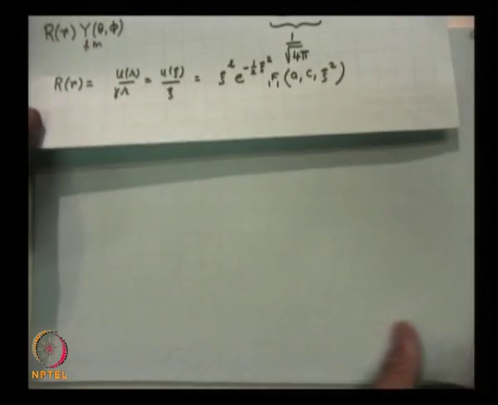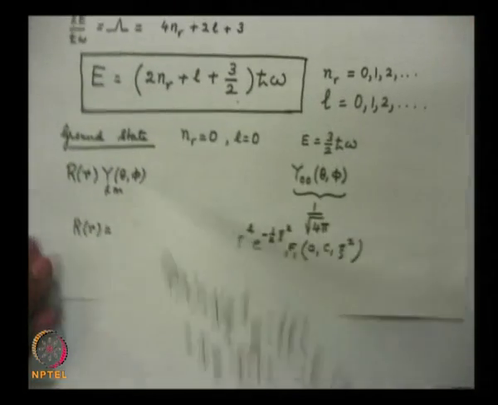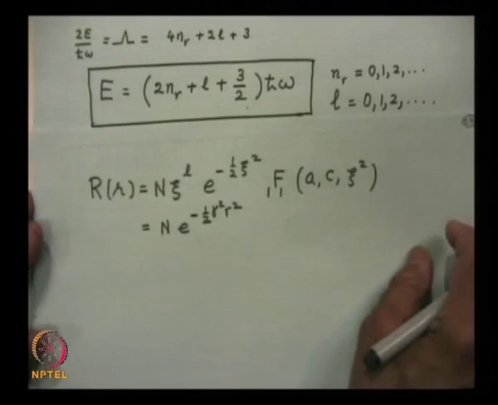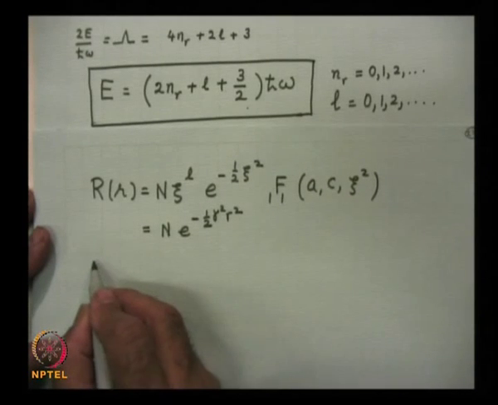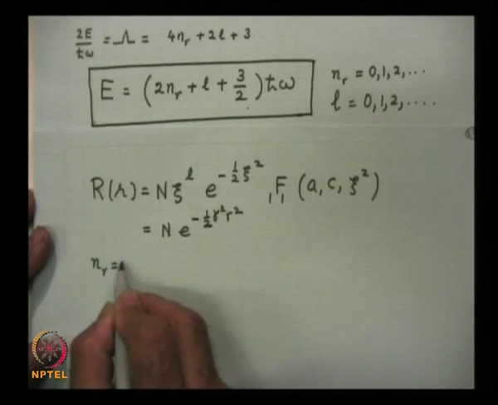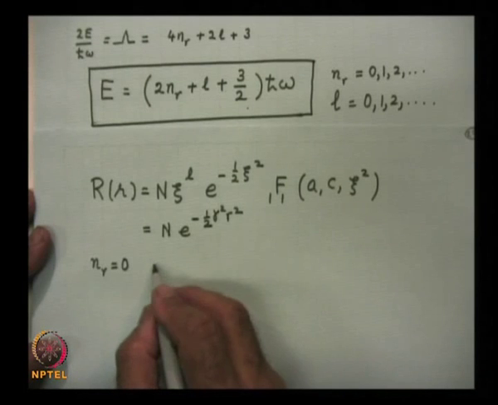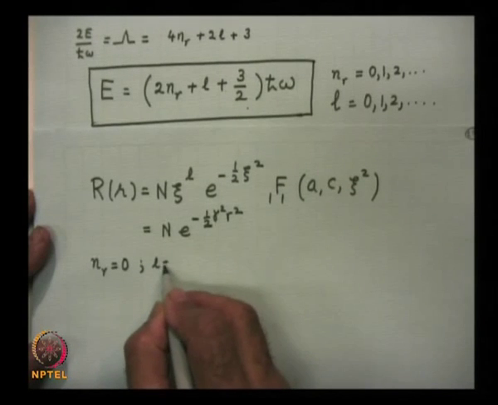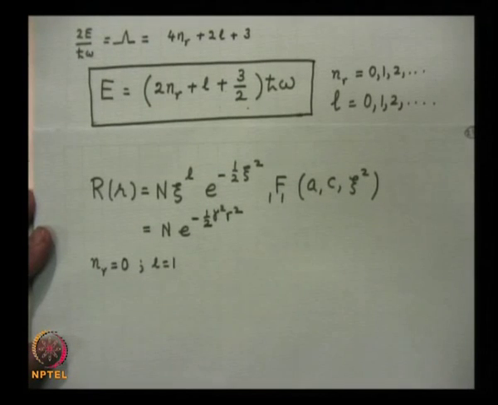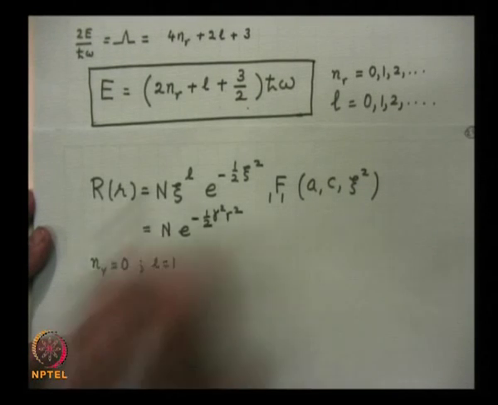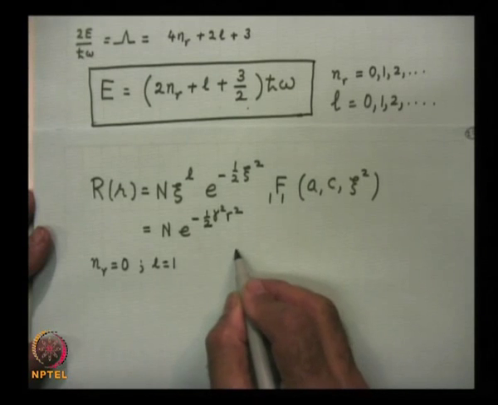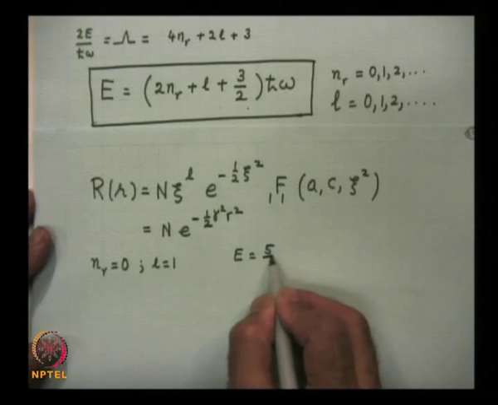Let me do one more case and then we will end there. The second eigenfunction will be n r equal to 0, first excited state, and L is equal to 1. If L is equal to 1, the eigenvalue will be 5 by 2 h cross omega.